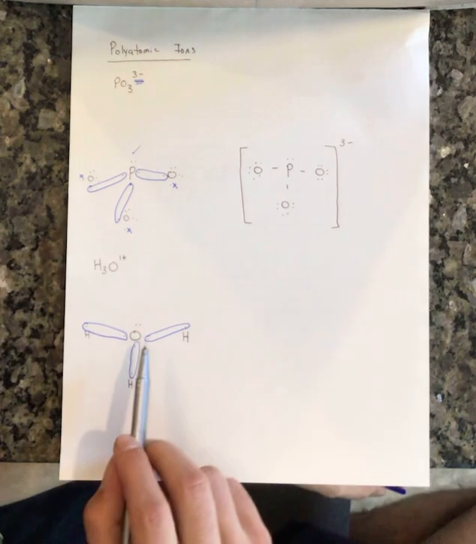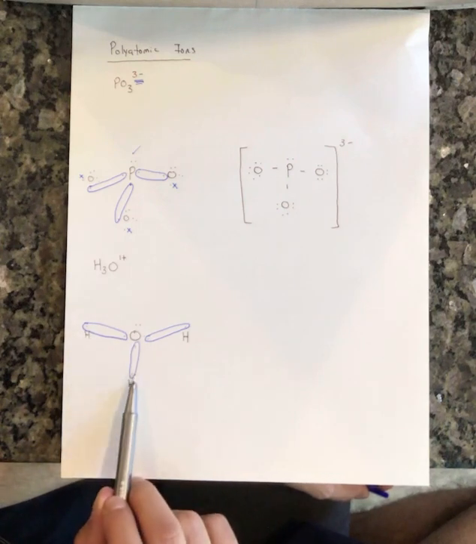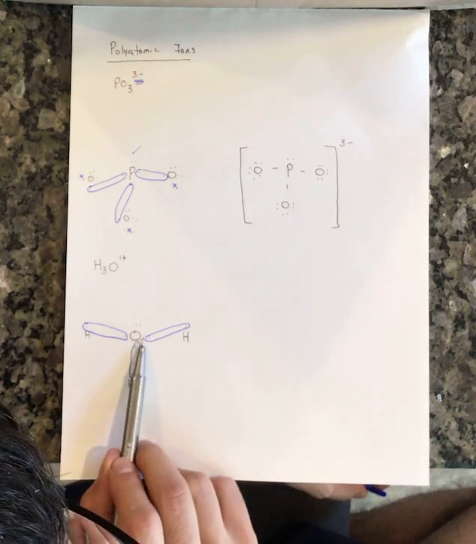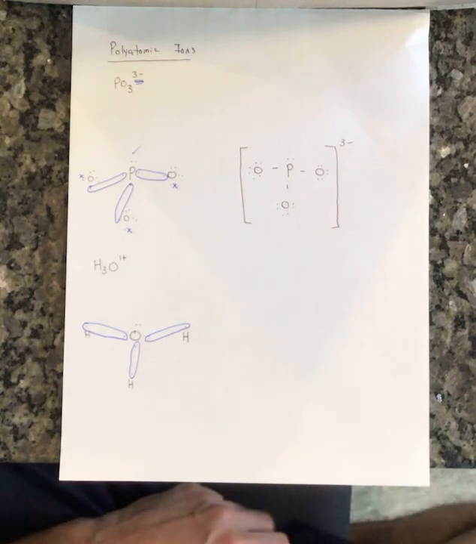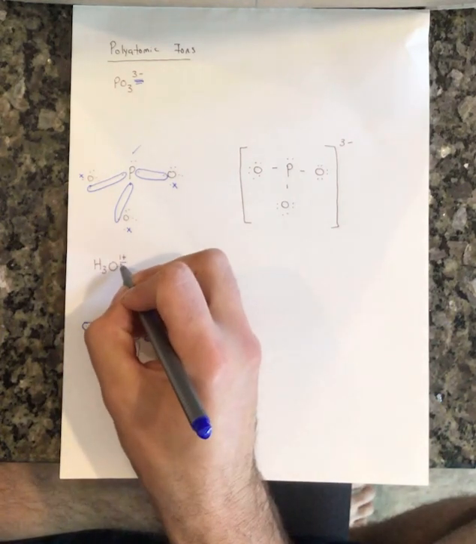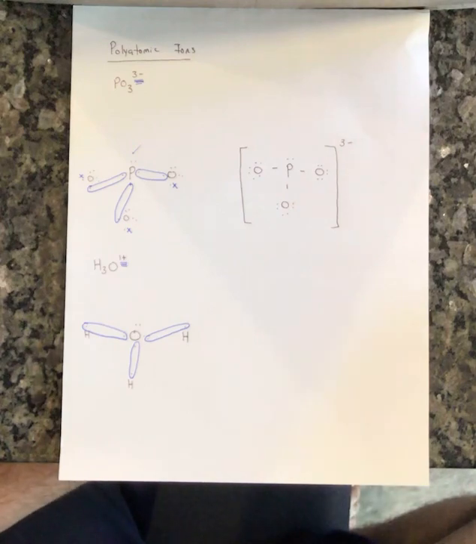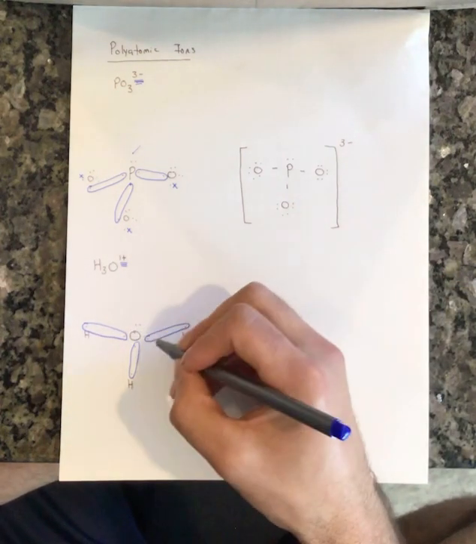However, let's look at my oxygen. I have 1, 2 at the top, 3, 4, 5, 6, 7, 8, 9. Can we have 9? No, we can only have 8. So what can we do? Well, once again, 1 plus means we lose an electron. So which electron do you think we're going to lose? Well, most likely we're going to lose this one here.